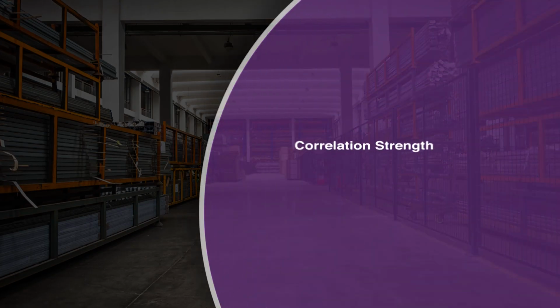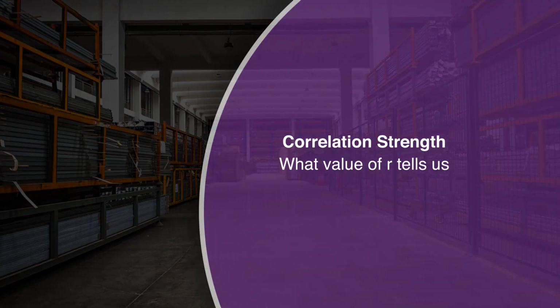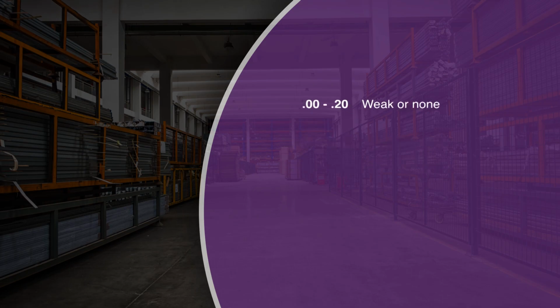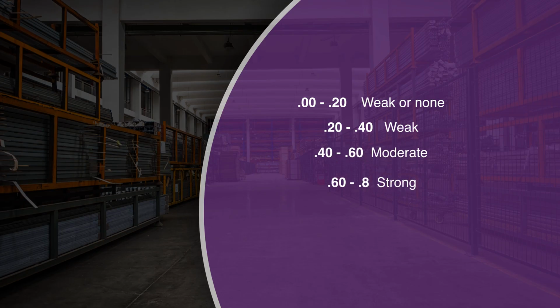Now, correlation strength: what value tells us what? Weak or none is 0.0 to 0.2, weak is 0.2 to 0.4, moderate is 0.4 to 0.6, strong is 0.6 to 0.8, and very strong is 0.8 to 1.